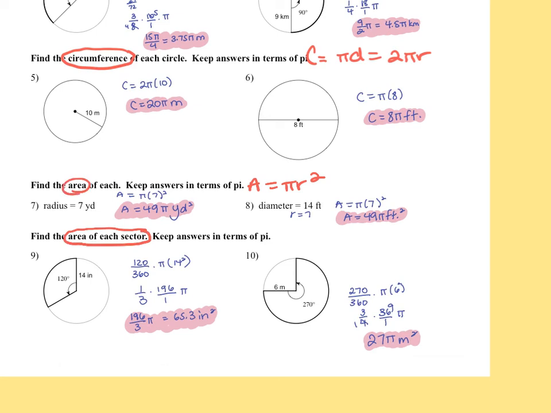So this area of the sector is the measure of the angle over 360, or the measure of the arc, times pi r squared. So these are like the ones we just did on the warm-up. Number 9 should have been 196 over 3 pi, or 65.3. Number 10, 27 pi.